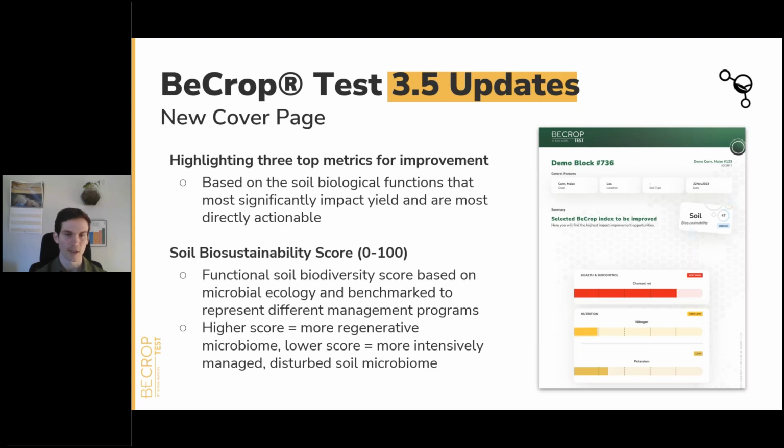With microbes that tend to be more functional and more ecologically synergistic, microbes that cooperate and build symbiosis with each other, we tend to see a higher score, whereas in intensively managed fields with high degrees of tillage, high salt index fertilizers, and lots of crop protection products, we tend to see a lower score, with microbiomes where the soil microbes are falling into their own niches or competing at excessive levels. So we see less of a cooperative soil food web, so to say.